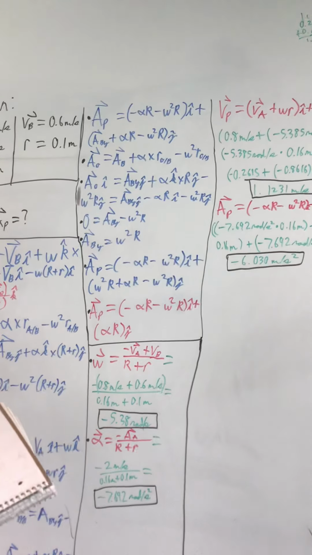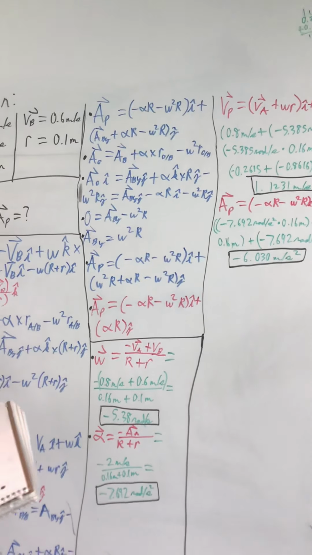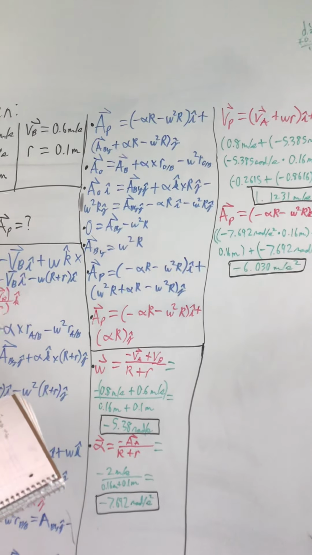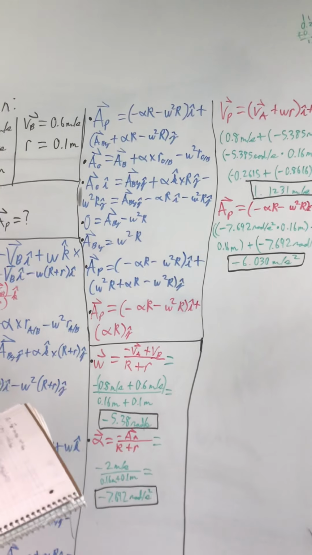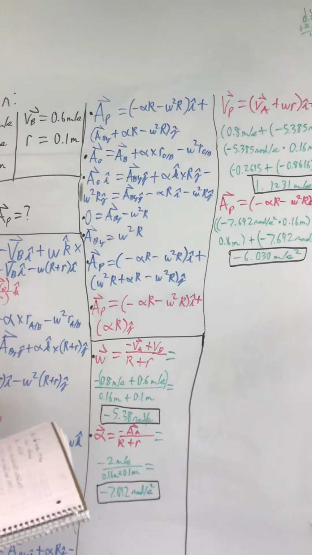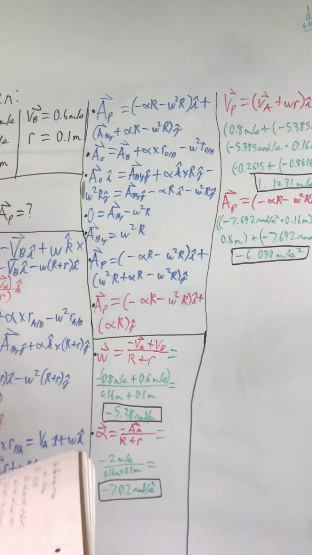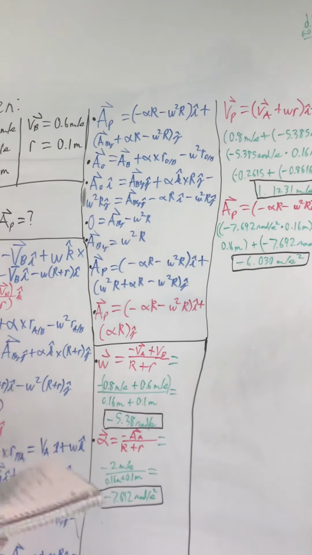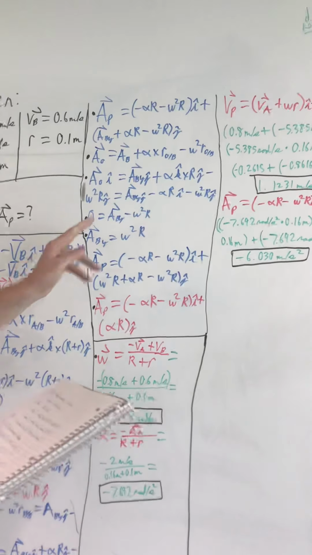You get that from the previous equation: acceleration of O is equal to A of B plus alpha cross R O of B minus omega squared R O of B. When you solve that, we compare terms only in the J hat component. Doing that allows us to solve for A of B, which ends up equaling omega squared r.